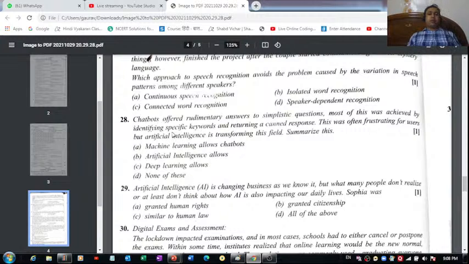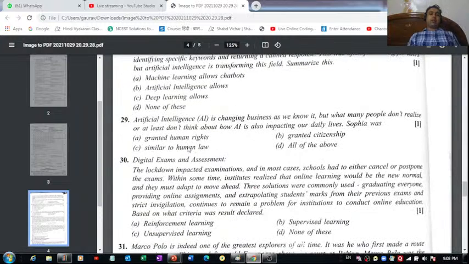Because here what is happening, we have already created the chatbot. Now it has been put into the environment for which it has been created. So whatever it is doing now, it will come under the category of machine learning. So the correct answer for question number 28 is machine learning allows chatbots.